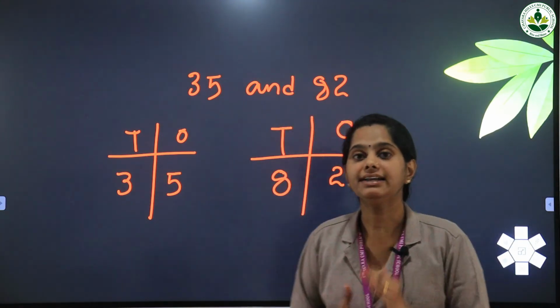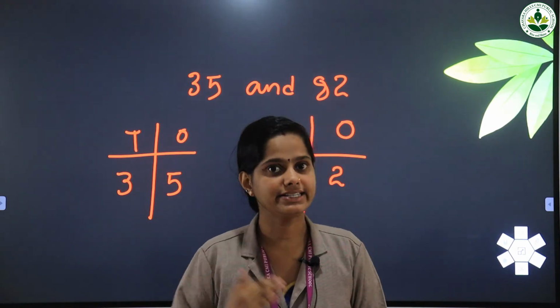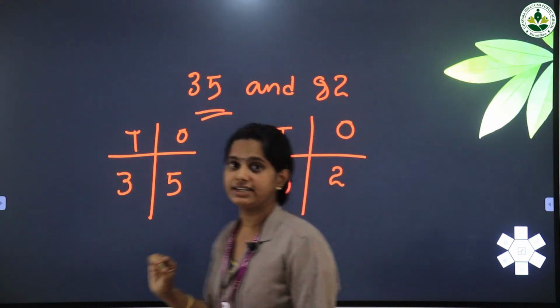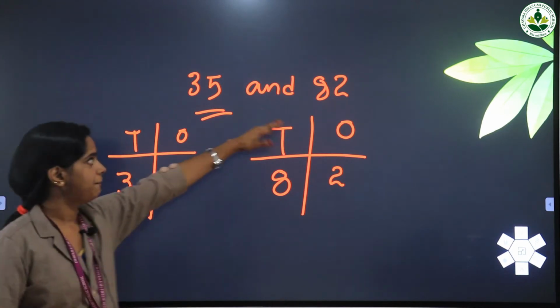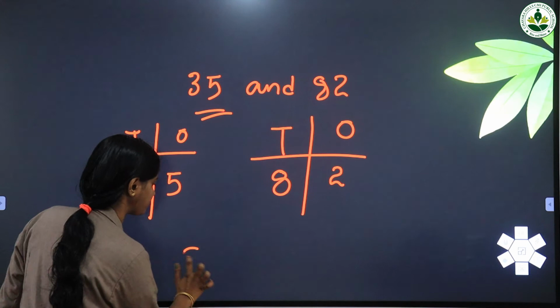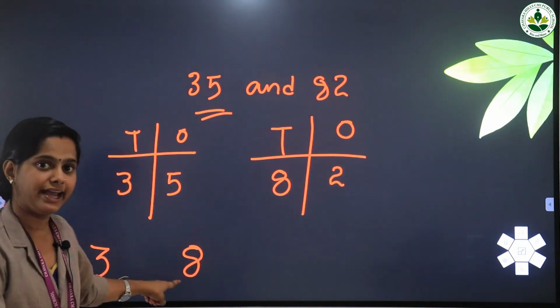First, we compare the digits in the tens place. In the number 35, the digit in the tens place is 3, and in the number 82, the digit in the tens place is 8. Which is bigger, 3 or 8?